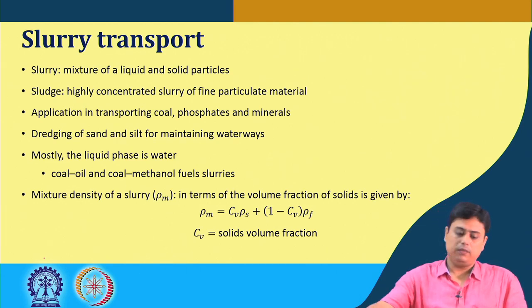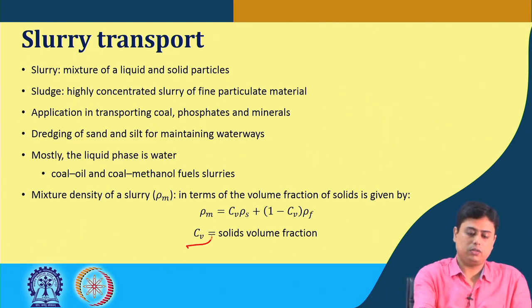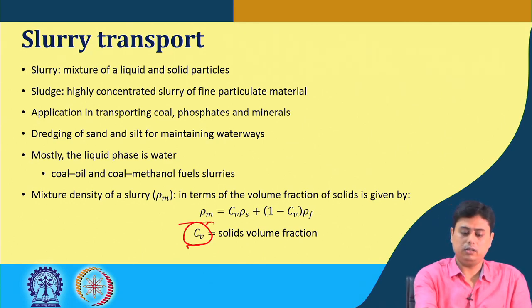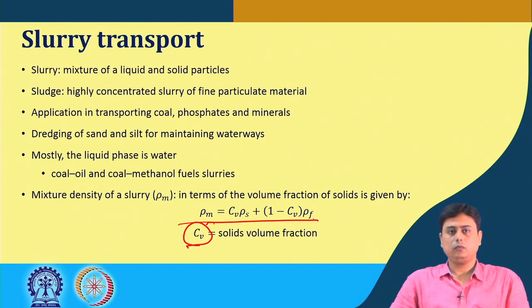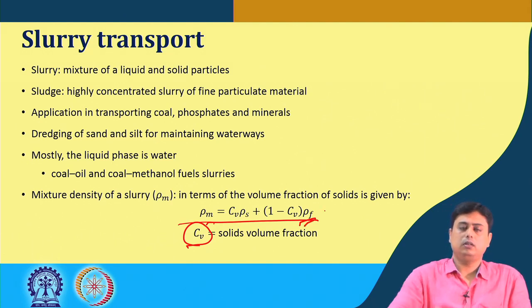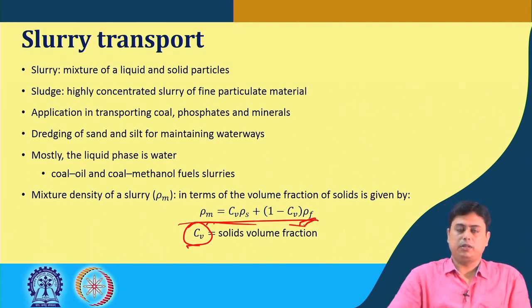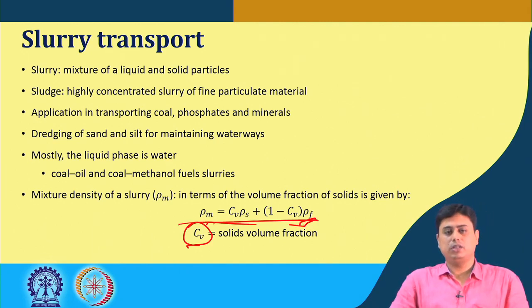So here if Cv is the volume fraction of the solids, then this slurry density or the mixture density is calculated in this form, where rho s is the density of the solid particles or the material and rho f is the density of the fluid, and as I said, in this case the liquid phase. So based on this expression we can find out the mixture density.